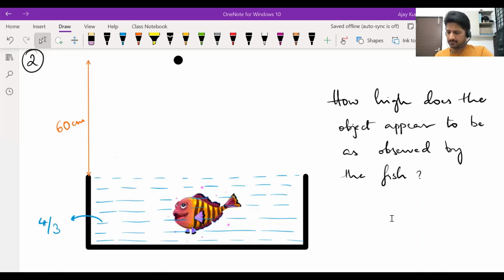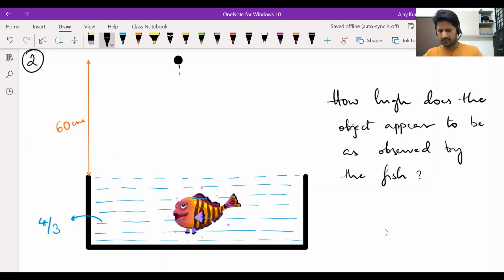Rishi, how did you get 80? Sir, I put x into 4 by 3, it's 1 by 4 by 3 is equal to 60.